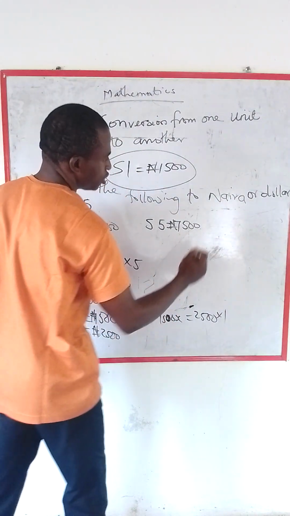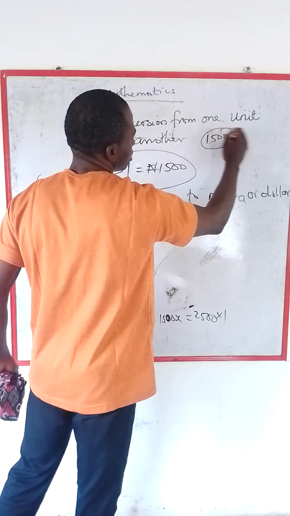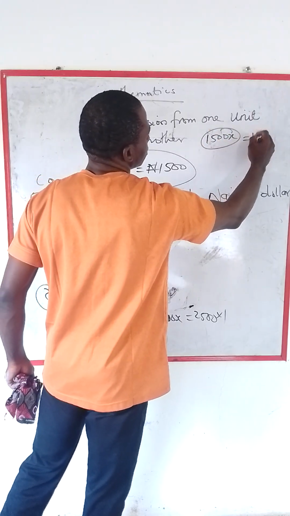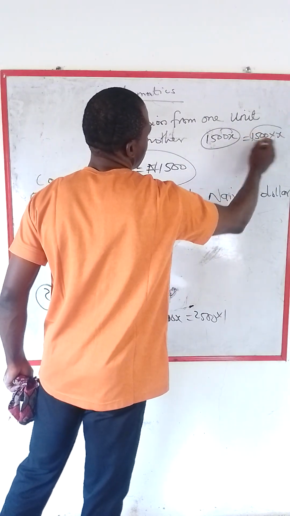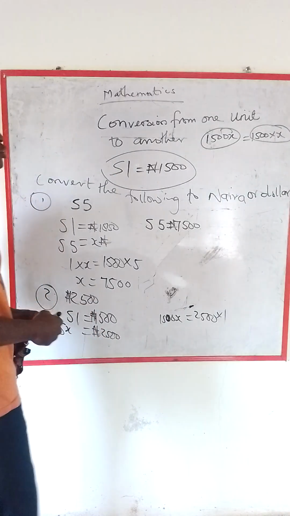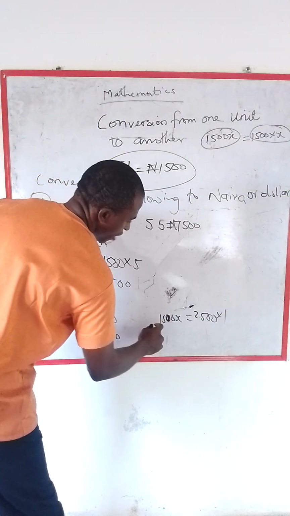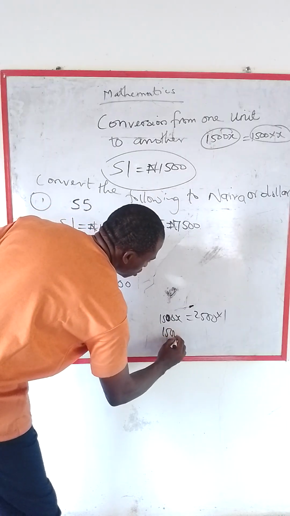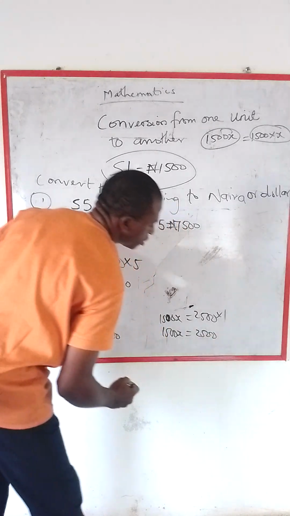Like in my previous video, for the fact that I'm writing 1,500X here, it also means 1,500 times X. I said that in my previous video, so you will understand what we are writing there. So, having got this, we now have 1,500X is equal to 2,500.